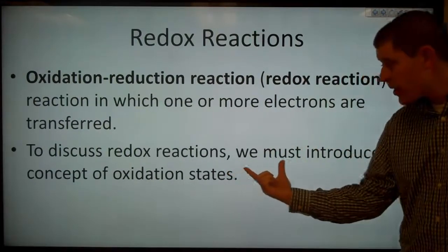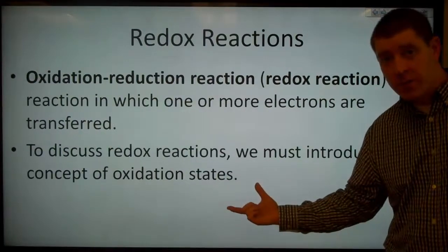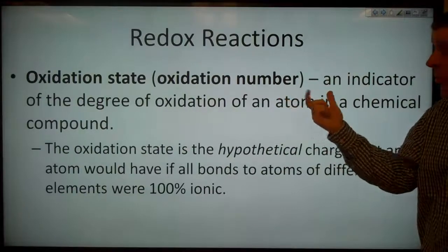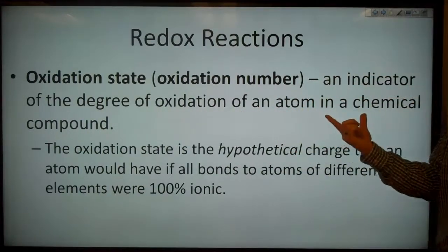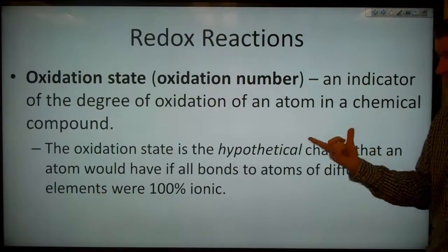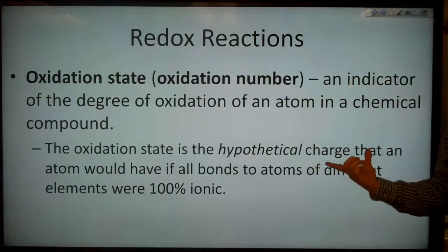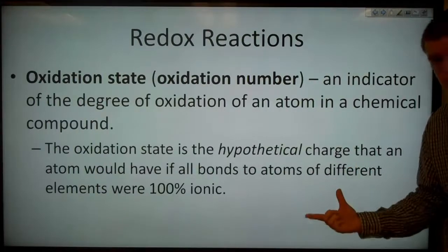So to discuss redox reactions, we must introduce the concept of oxidation states. So an oxidation state, or oxidation number, is an indicator of the degree of oxidation of an atom in a chemical compound. So the oxidation state is the hypothetical charge that an atom would have if all the bonds to atoms of different elements were 100% ionic.